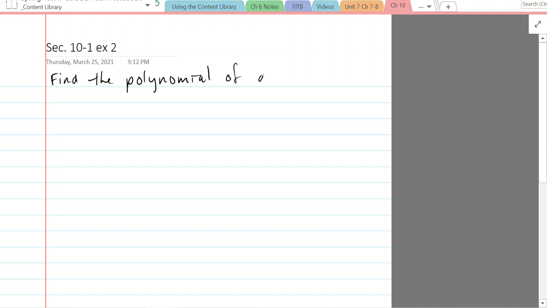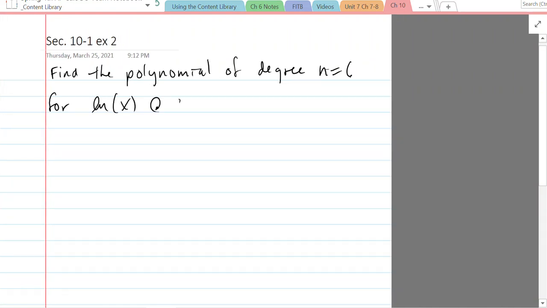Of degree n equal to 6 for ln of x at a equal to 1. All right, so what is that telling us?